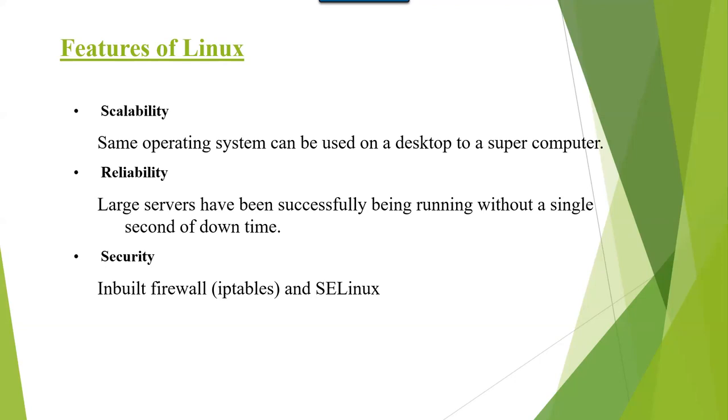Say, for example, if you installed a client operating system like Windows 10 or Windows 11, and there you want to install servers like FTP, DNS, DHCP servers, what are these servers? We will also see this in further sessions.